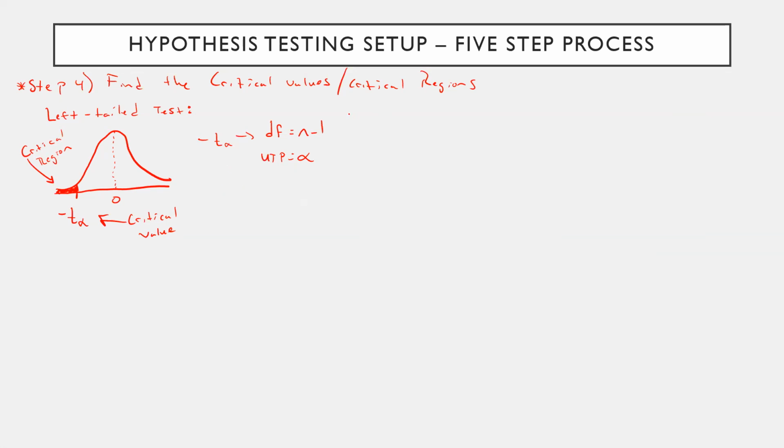Then the other thing you could have is a right-tailed test. So again, you're going to draw a t-distribution, centered at 0. And it's just going to be t of alpha, but on the positive side.